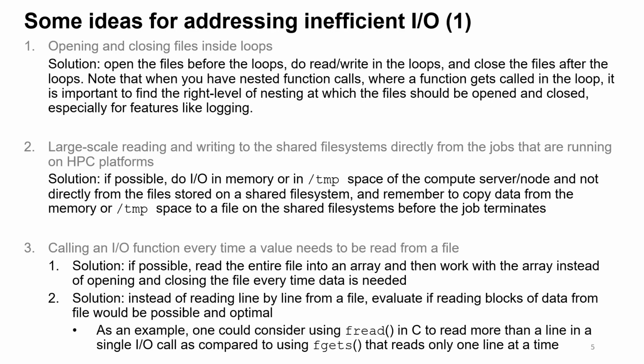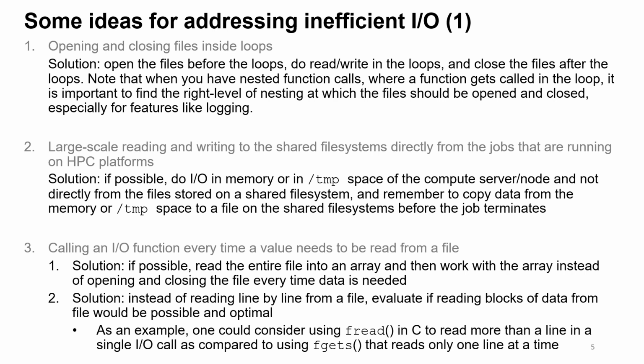Let us review some solution strategies for each of the examples of inefficient I/O that we went over in the previous slide. Now, instead of opening and closing files inside loops, one can open the files before the loops, do the reading and writing inside the loops, and then close the files after the loops.